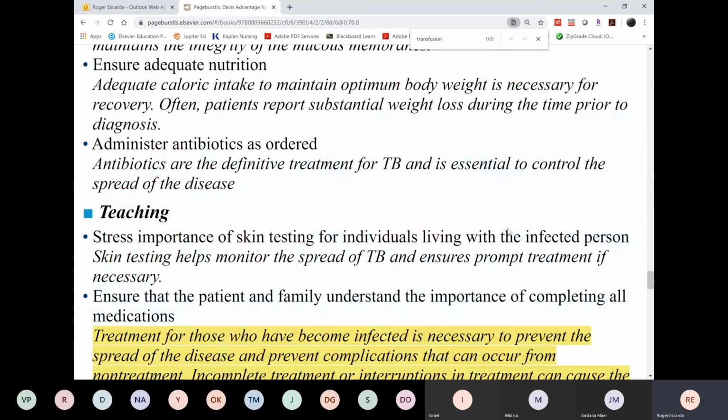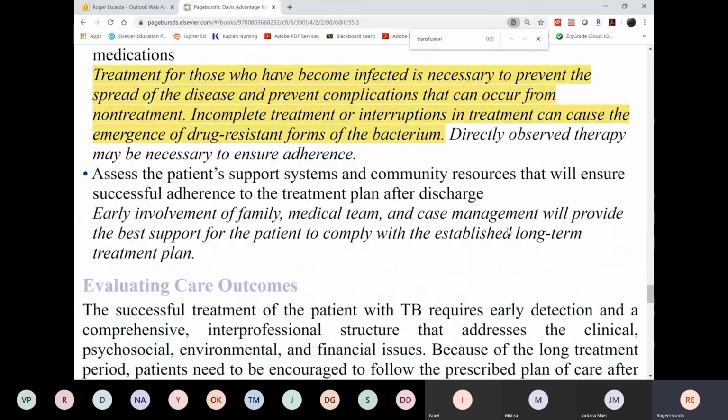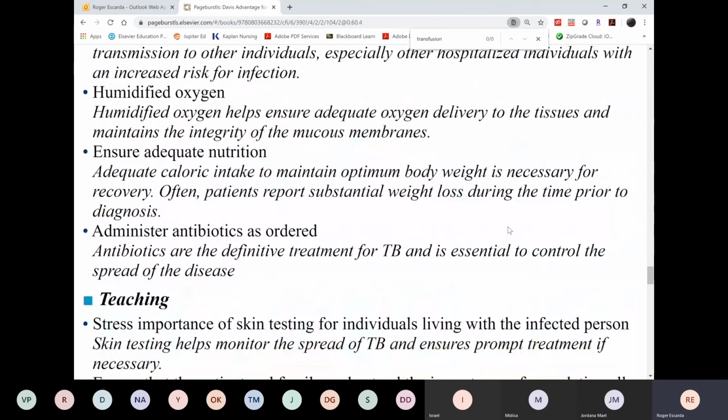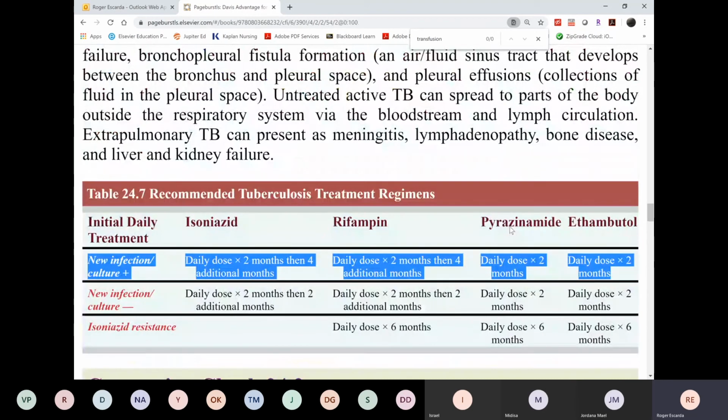How do we know that the patient is no longer contagious? It's not in your book, but in case you get it on the NCLEX, I won't ask you because it's not here. Anyway, you need 3 negative sputum cultures. The sputum cultures can be taken 2 weeks apart.